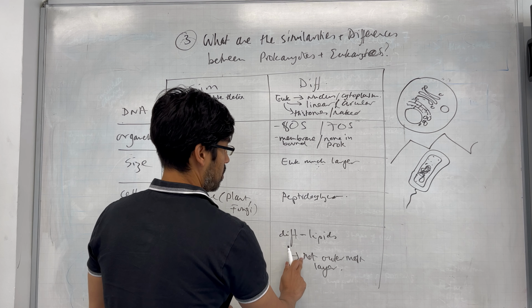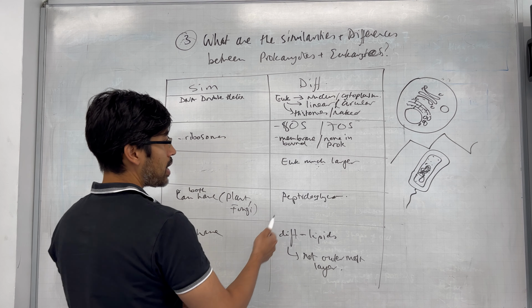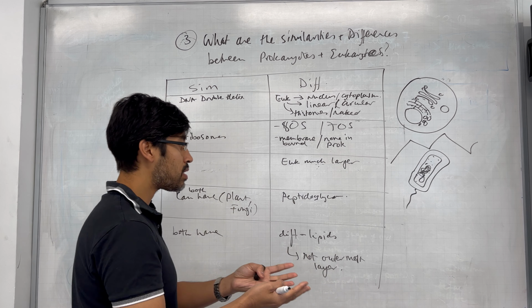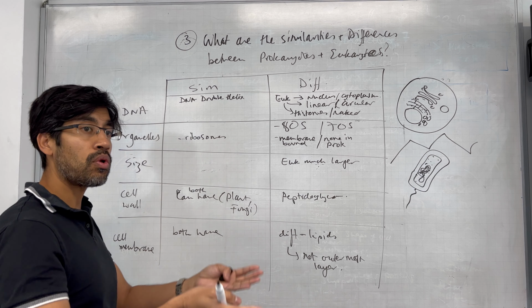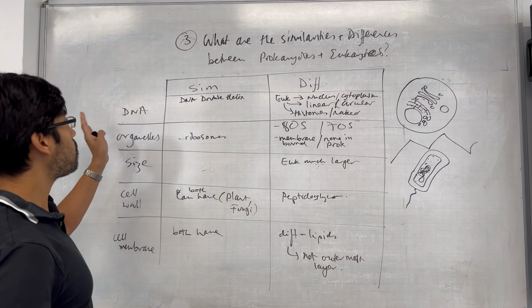That's similar to plants and fungi as well. But in animal cells, remember the cell membrane is right on the outside, whereas in prokaryotes there will be a cell wall on the outside. So there's a number of different ways you could do this. This is just my suggestion, a very quick overview of those similarities and differences. And that brings us to the end of our third question from this aspect.